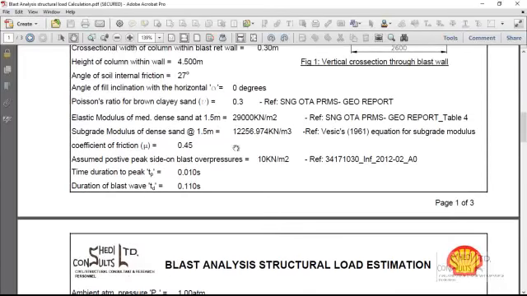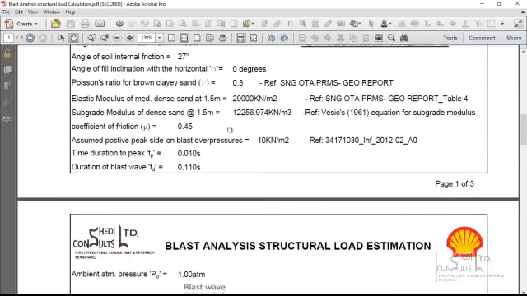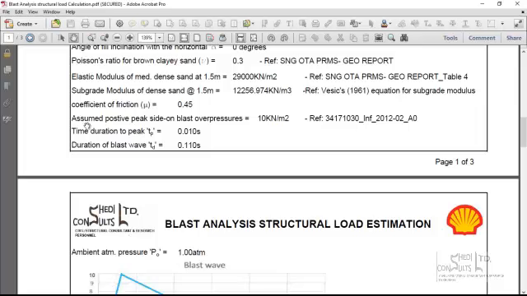Now these are the geotechnical properties, and this is the blast properties. The peak positive side-on overpressure is about 10 kilopascal. This was obtained from DEP 34.17.10.30, in the absence of a blast risk assessment done within the zone.